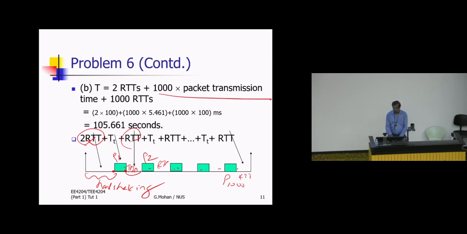Then after each packet transmission, you can see 1 RTT: RTT1, RTT2, 3, 4, RTT 1000. So 1000 RTTs. RTT is given, that is 100 milliseconds. Packet transmission time we have already calculated. So now you add everything, you get 105.6 seconds. Got it? Any doubt?